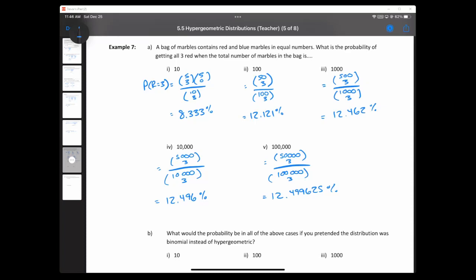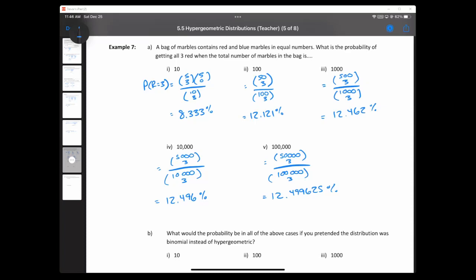Well, I want you to think about it this way. If you had a bag with 1,000,000,000 marbles in it, and it is a geometric situation, the first marble I pick out is either red or blue, 50-50 chance.